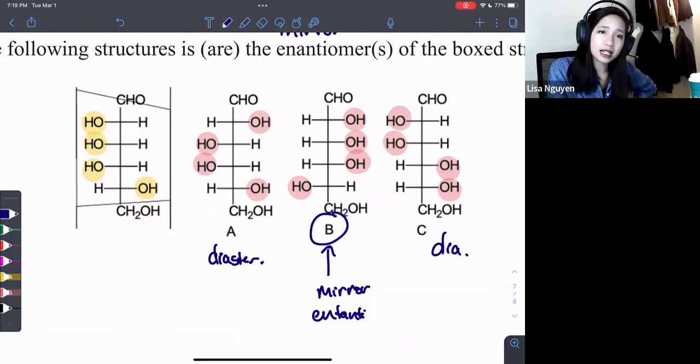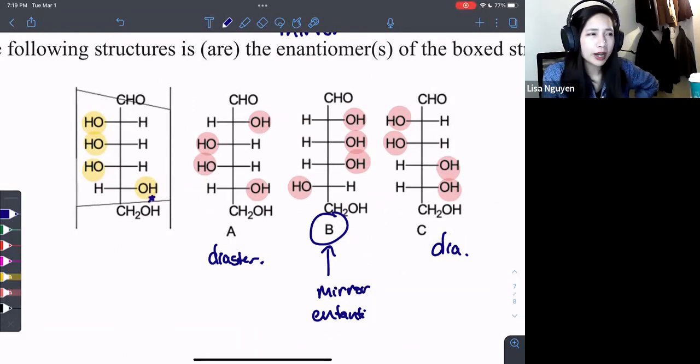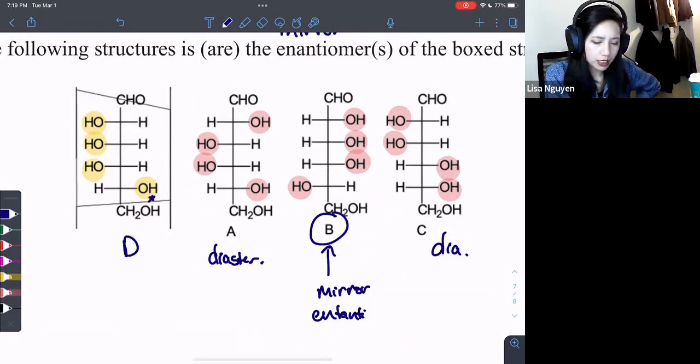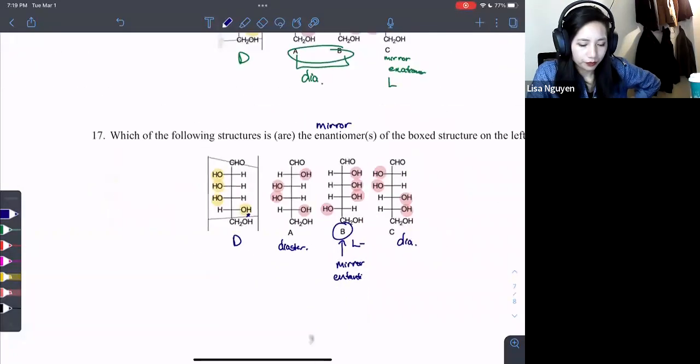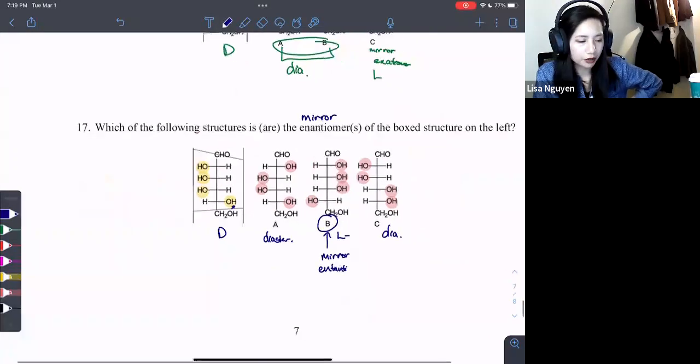So we use the D and L designation. This one has the last chiral OH on the right side, so this would be D, and then this one would be L. But the question doesn't ask it, but we can look at it anyway. And they would have the same name, just D and L at the front for either of those.